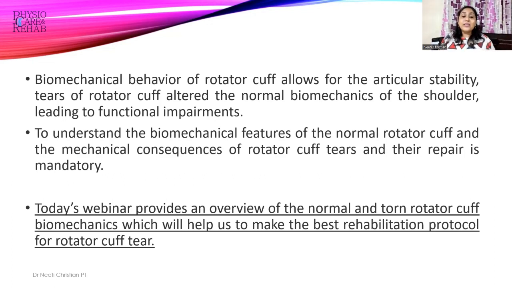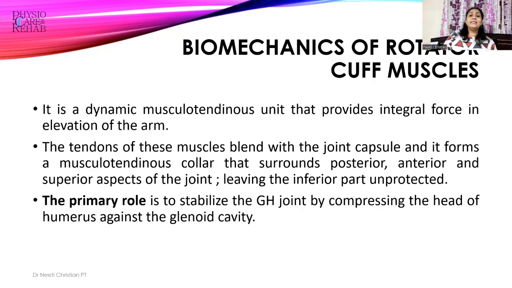To understand the biomechanical features of the normal rotator cuff, and the mechanical consequences of rotator cuff tear and repair, is very important. Today's webinar provides an overview of normal as well as torn rotator cuff biomechanics, which will help us make the best rehabilitation protocol for rotator cuff tear.